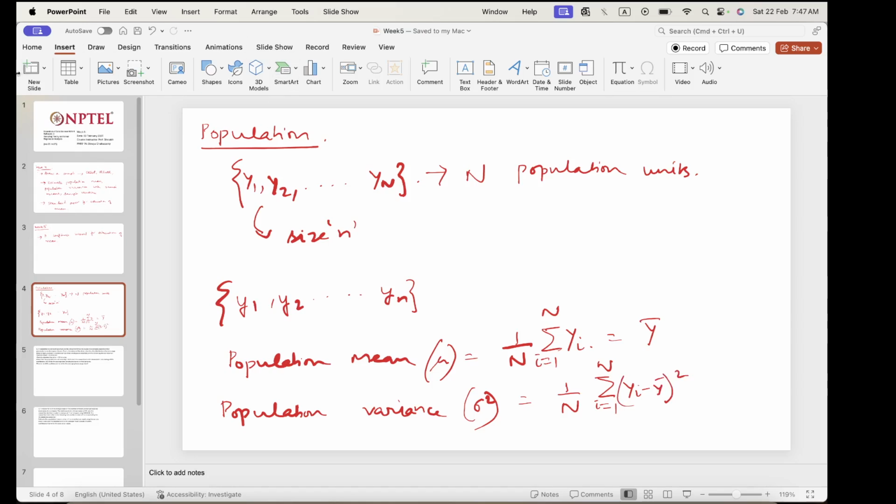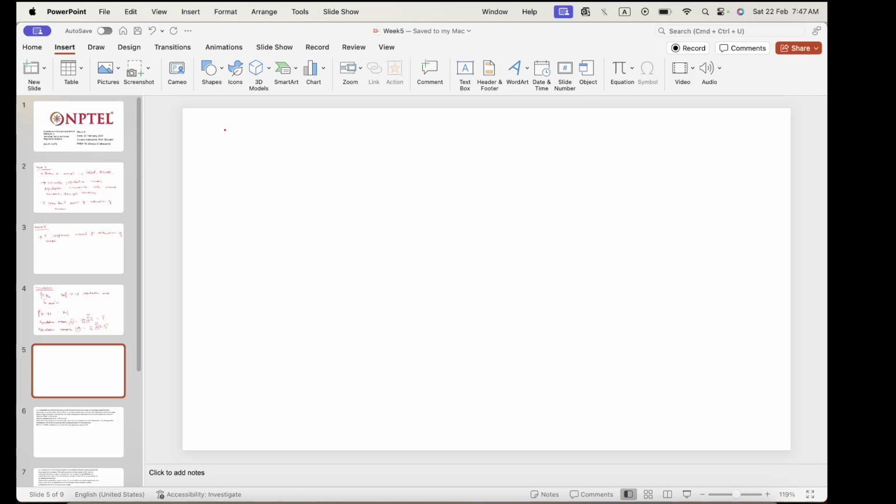On top of these, we also learned a term, capital S square. How is this different from the population variance? It is almost the same, but the denominator is N minus 1: 1 by N minus 1 summation i equal to 1 to N capital Yi minus y bar whole square. And what did we do?